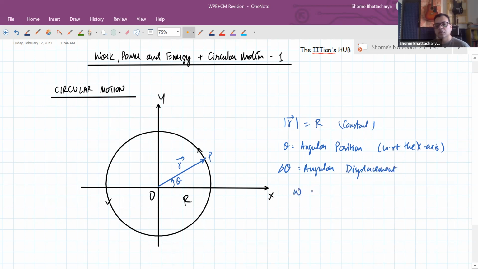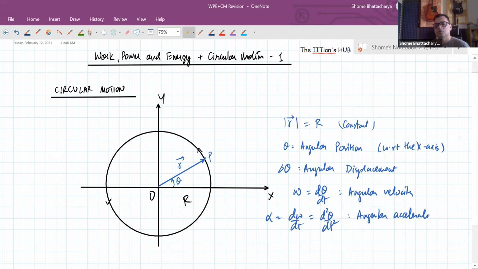And rate of change becomes what we call the angular velocity. And rate of change of angular velocity with respect to time, or second derivative of angular displacement with respect to time, that becomes what we call the angular acceleration. So this is how we define the angular parameters in a circular path.